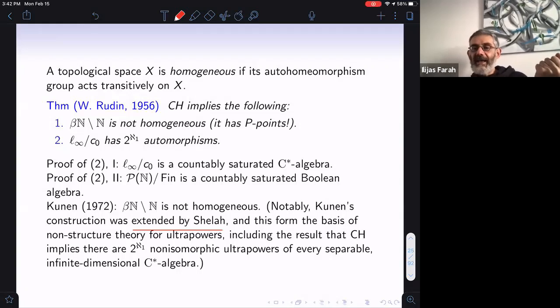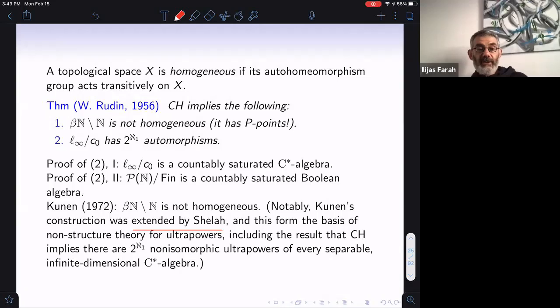And this is exactly behind theorems that I mentioned before, that under the continuum hypothesis, there are 2 to aleph 1 non-isomorphic ultrapowers of any separable infinite-dimensional C*-algebra.